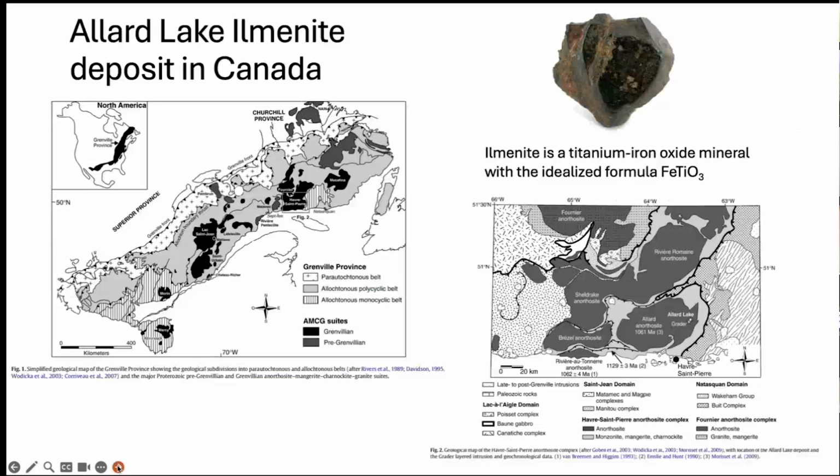All right, now there's the Allard Lake ilmenite deposit in Canada, and Matt, I hope you'll jump in when I step on my own feet here. But here we've got the Adirondacks in northern New York. There's the St. Lawrence River.